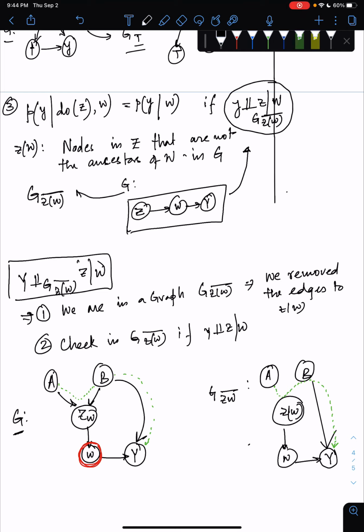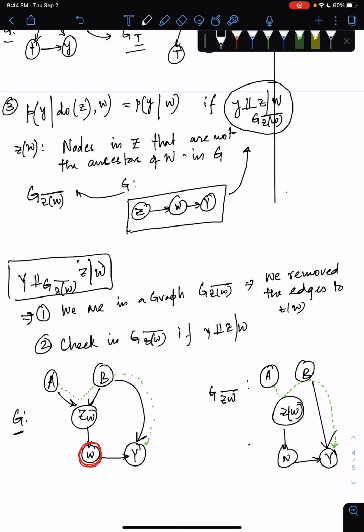Okay, so let's do it once more. We are given this particular graph and we are conditioning on the descendant of a collider, and we have a spurious path. So W is not able to block all the spurious paths between ZW and Y. So we cannot say in the manipulated graph that we don't have any path from ZW to Y, because there is this spurious path that comes from this graph.